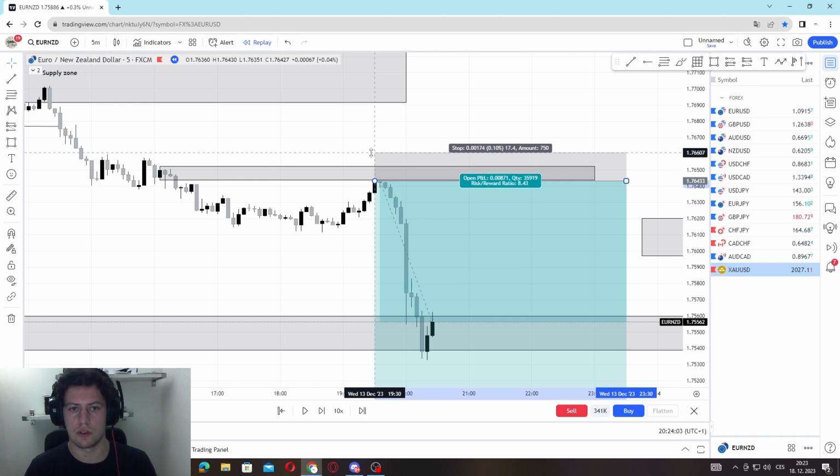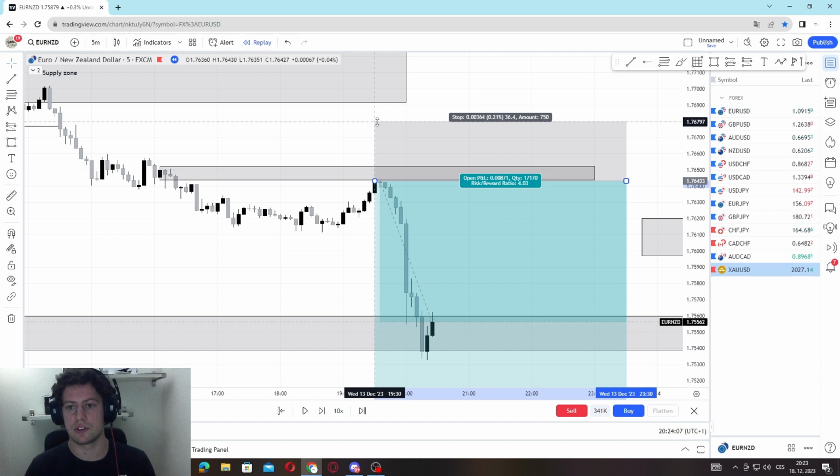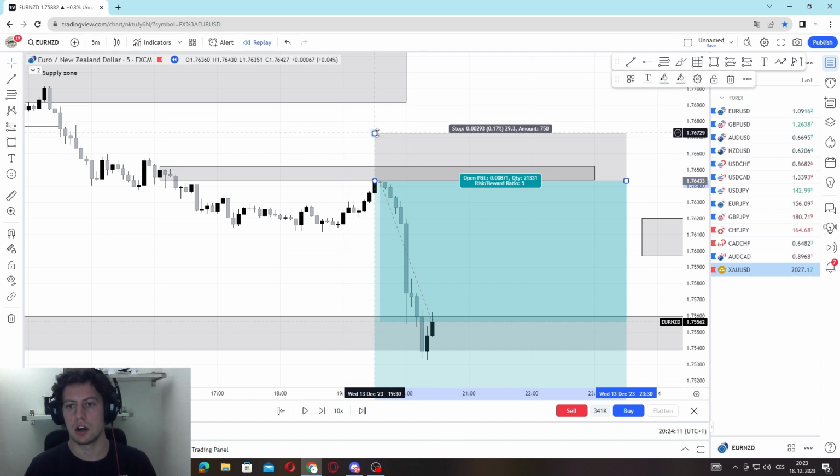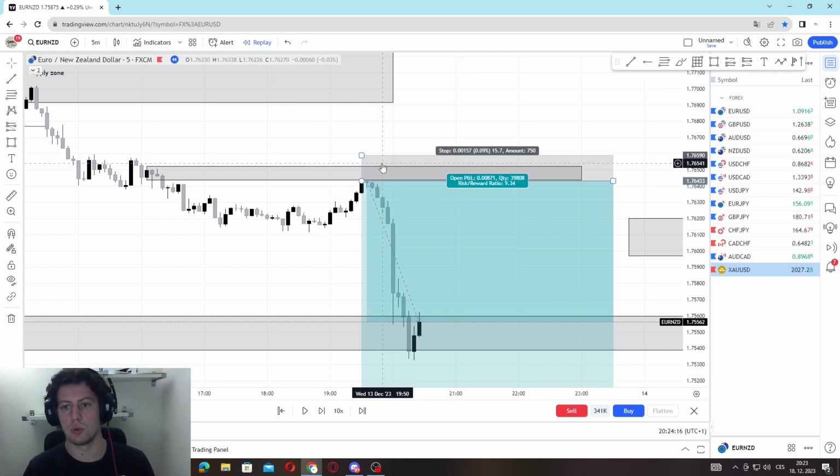It's okay to have a bigger stop loss. Also, if you have some fixed risk to reward ratio, for example 5, it's okay. I just tell you that this is what I would do. So basically, the strategy is higher time frame combined with smaller time frame.